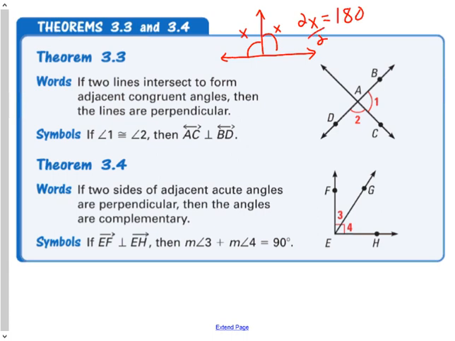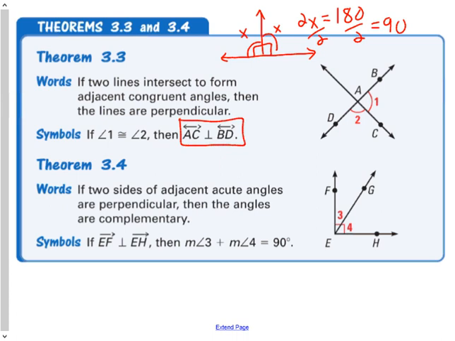When you divide by 2, we get 90. So each one of these also has to be a right angle. And that's the basic math on why that works. If we've got 2 angles right next to each other that are equal, and they form a line, they have to add to 180. They both must equal 90, and therefore the lines are perpendicular.